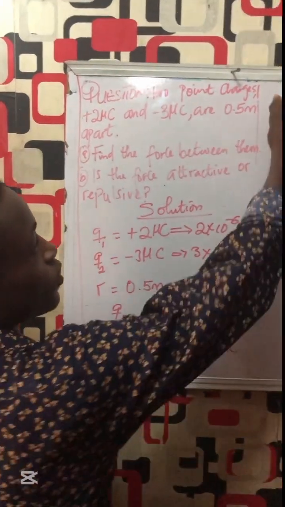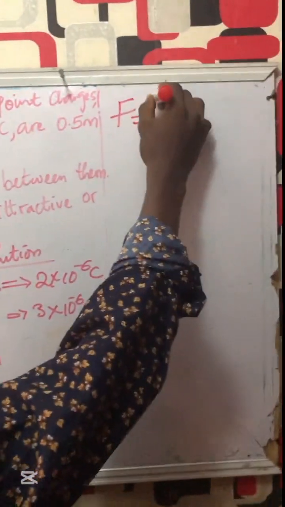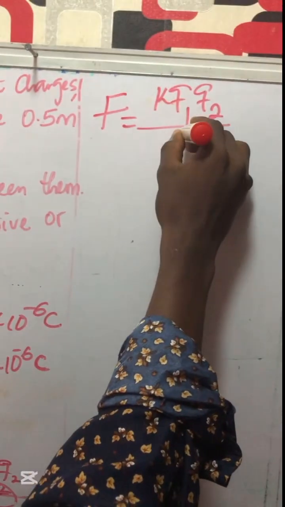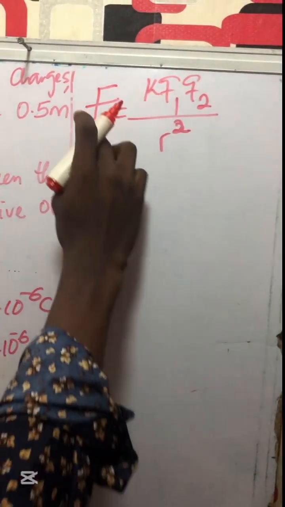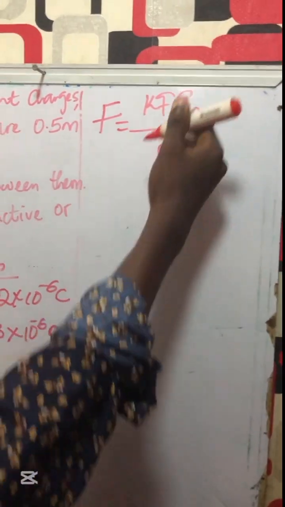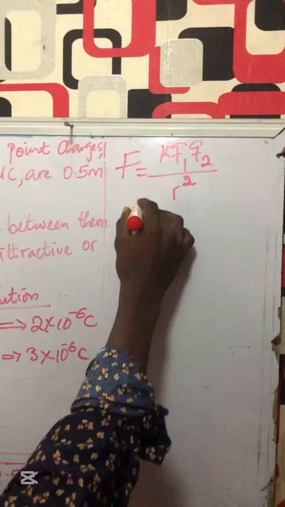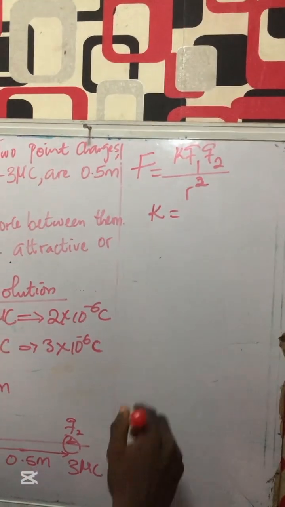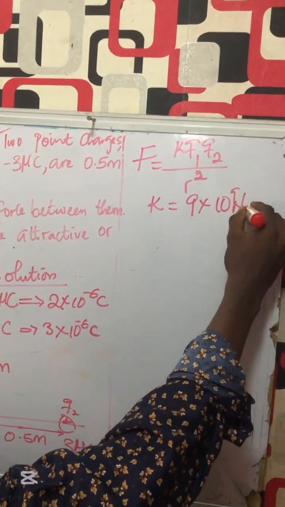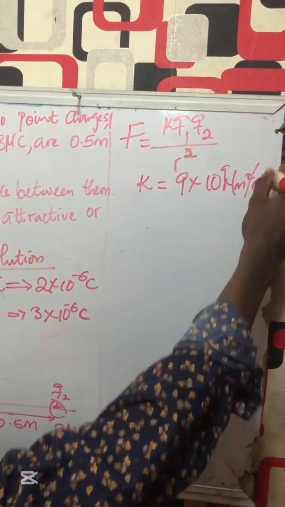So the formula says F is equal to K Q1 Q2 over R squared. We have our Q1, Q2 and R, but what is our K? The Coulomb's constant is 9 times 10 raised to the power 9 Newton meter square per Coulomb square.